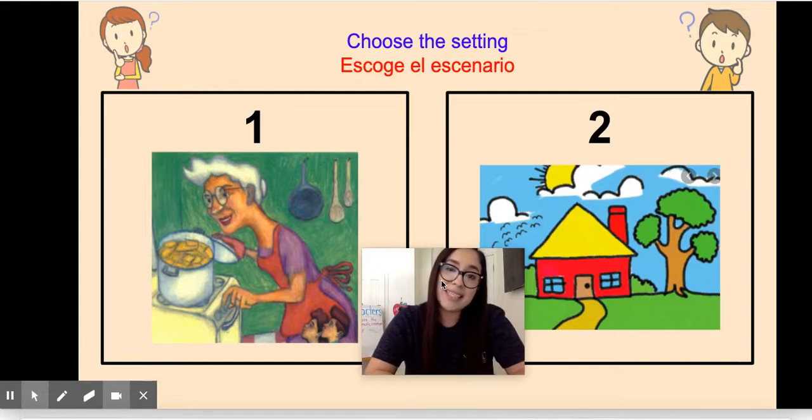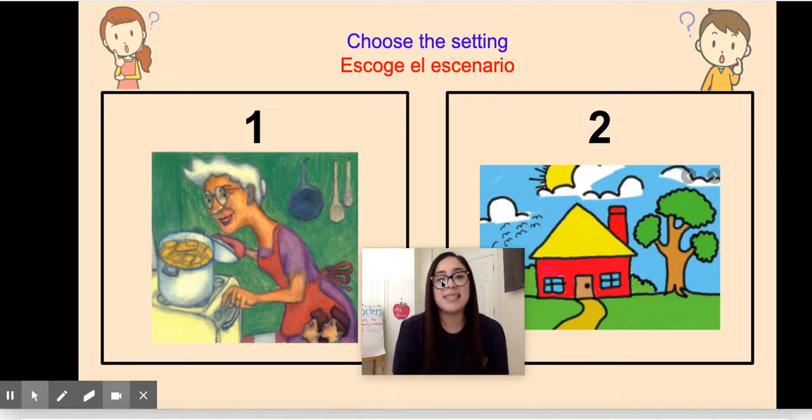Which one is the setting of these two pictures? Picture number two, that's the setting. Okay, because the first one, that's a person, that's a character. It's Grandma Lupe. We talked about Grandma Lupe and the kids and Mr. Sugar being the characters.